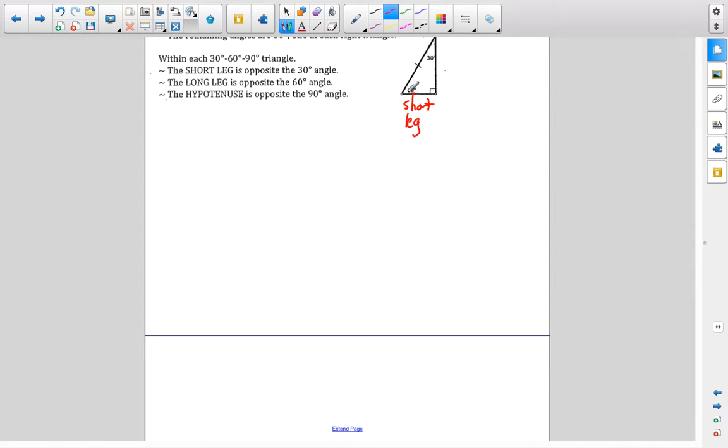And the leg that is opposite the 60-degree angle, so travel across, is called the long leg. And of course, the hypotenuse is still the hypotenuse. That's over there across from the 90-degree angle. Okay? But in this triangle, we have to determine which is the short leg, which is the long leg, and which is the hypotenuse.